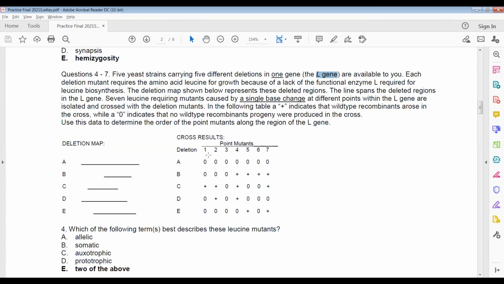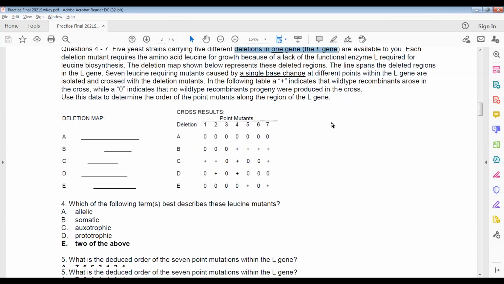Now this is the data we have. I don't want to go into the details of the problem, because the only thing we need to pay attention to is that this is different from what we're familiar with. We have deletions, and we do different experiments to get the data in the table. The only difference in this problem is that all the deletion regions are within one gene. That's the key point.